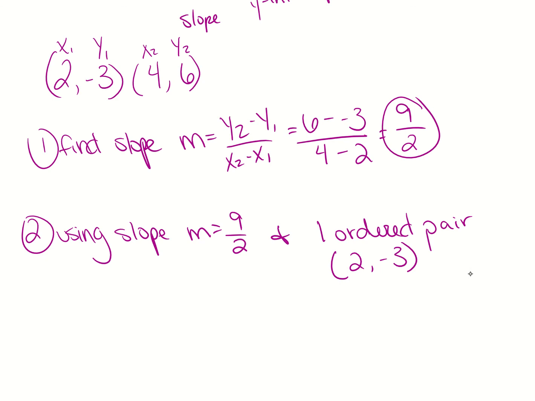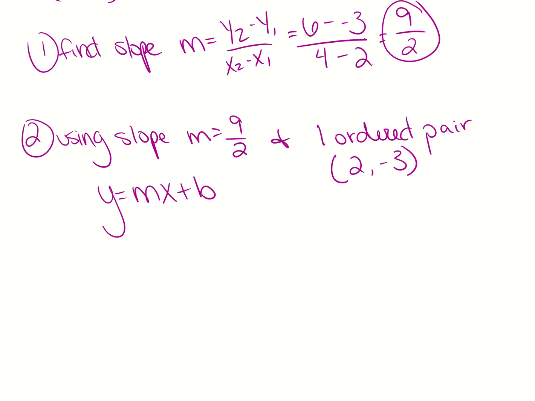Okay? So now we're going to substitute what we know into slope-intercept form. So we know that this is x and this is y. The only thing we don't know is b, so let's substitute everything in. So we get -3 is equal to 9 over 2 times 2 plus b.